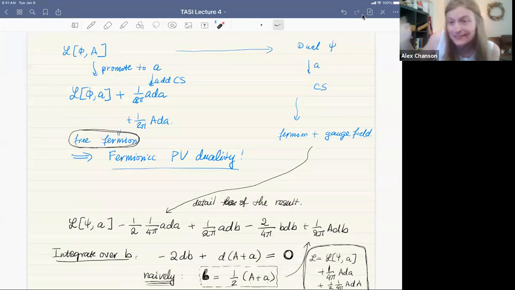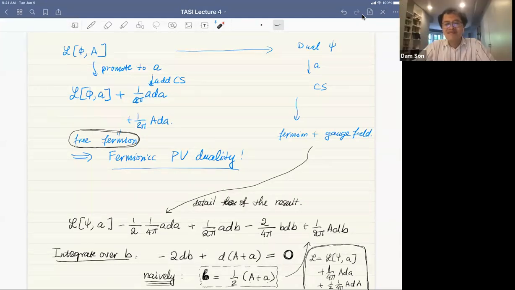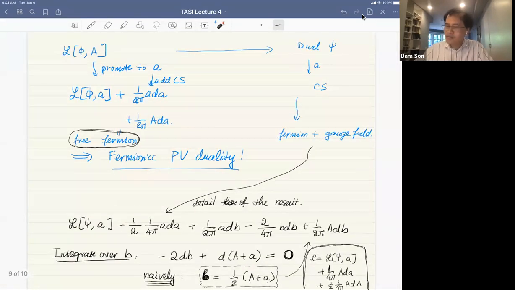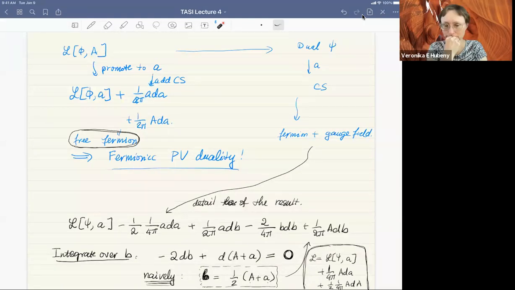It was a very inexact question, so sorry. Maybe it corresponds to something that they do here. Basically, they have a certain way to integrate out the gauge field and then recombine the result in such a way that it becomes just a theory of free fermions.